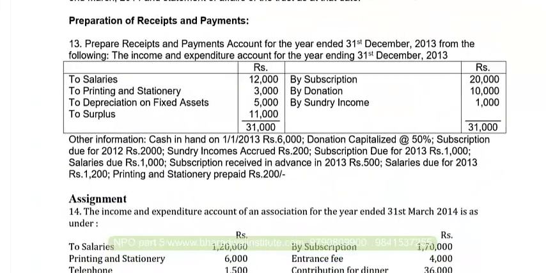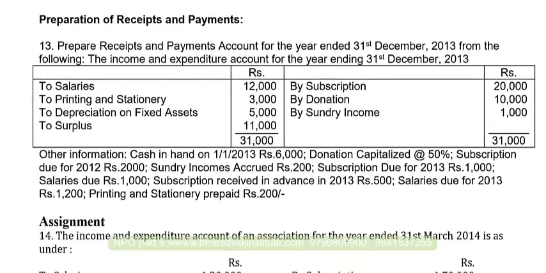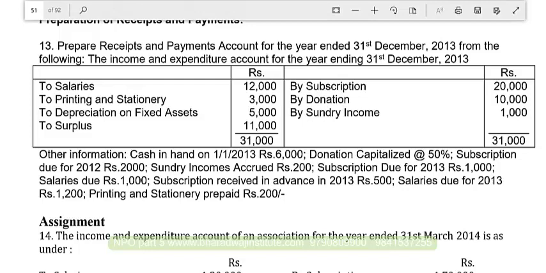Go through question number 13. Prepare receipts and payments account. Look at the question. Prepare receipts and payments account for the year ended 31st December 2013.